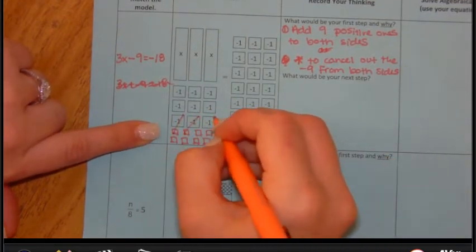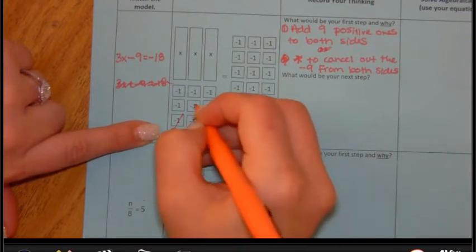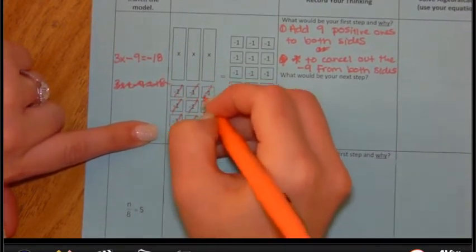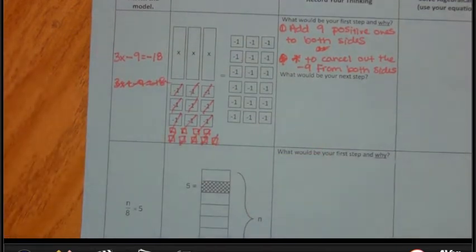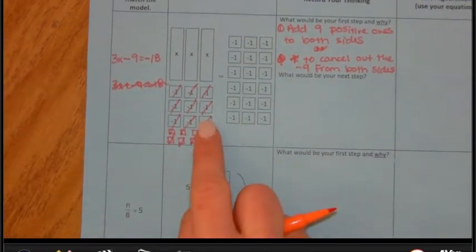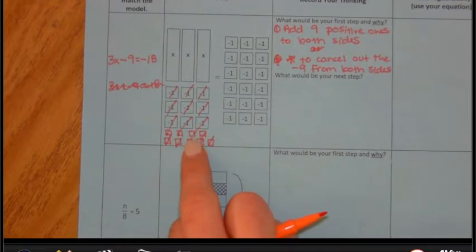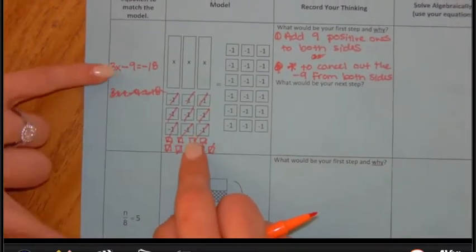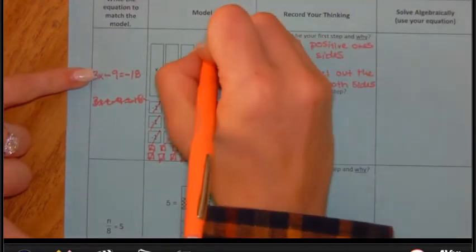Now I have these two cancel, these two cancel, and so on. So I ended up canceling out 9 negatives by adding 9 positives to this side. And if I add 9 positives to this side, I need to add 9 positives to this side.